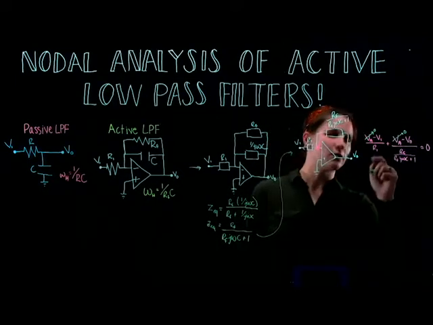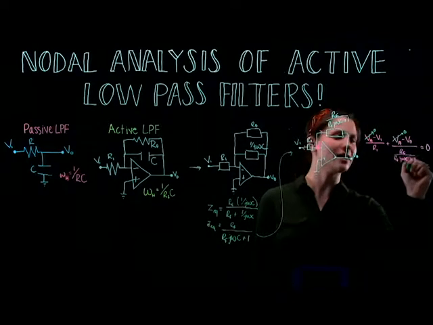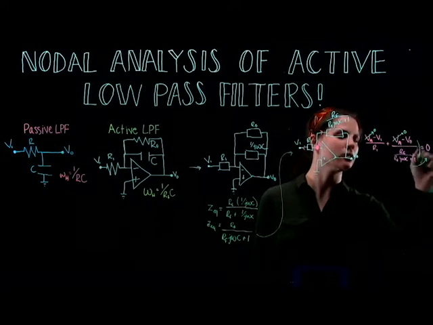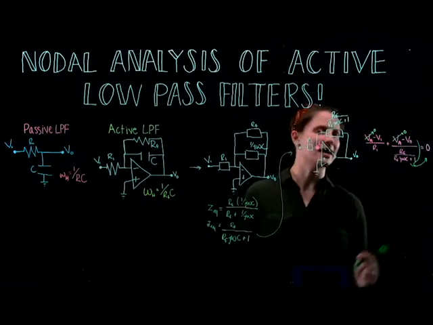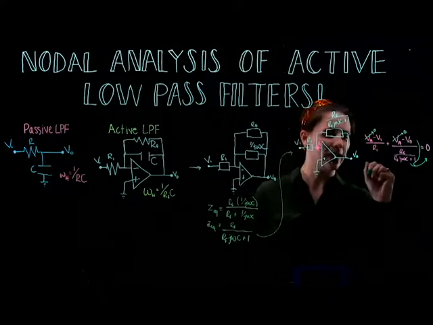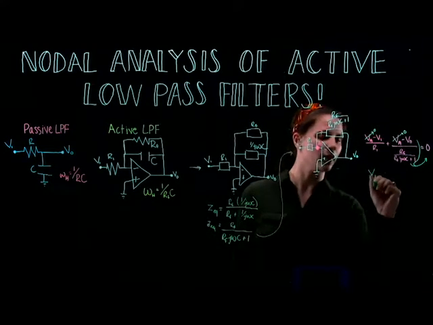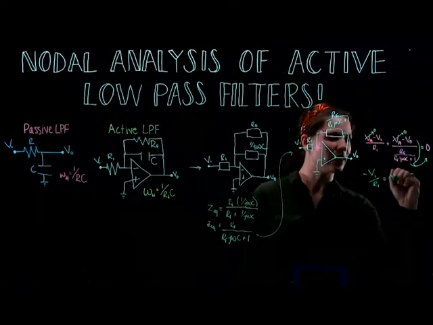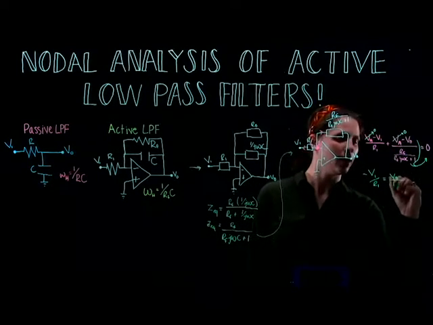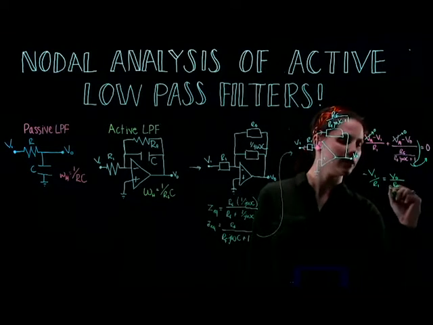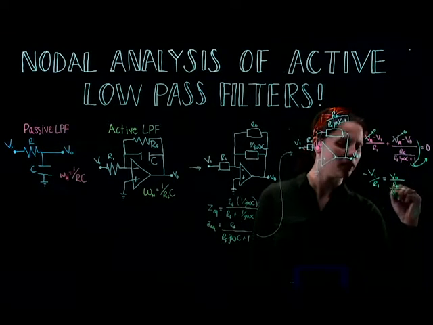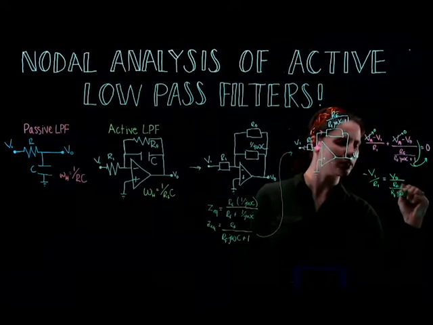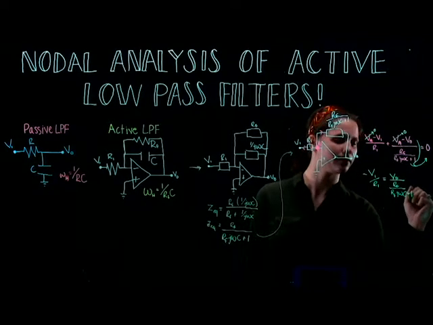What I'm going to do next is move Vout over to the other side, so move this whole term over to that side. We'll have negative V1 over R1 equals Vout over RF over RFJωC plus 1.